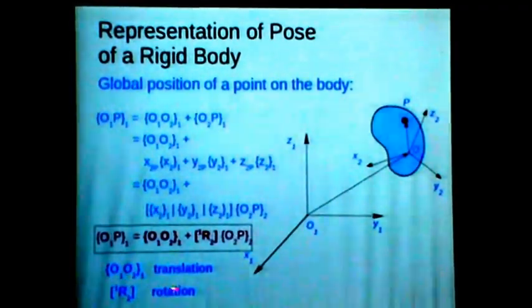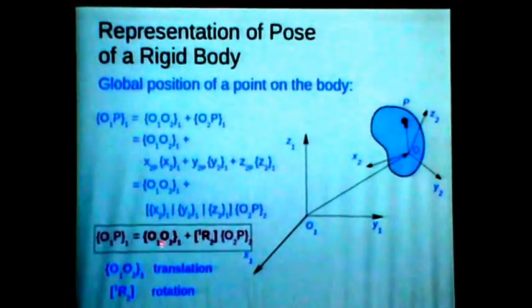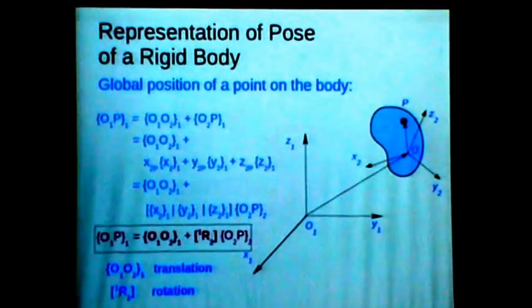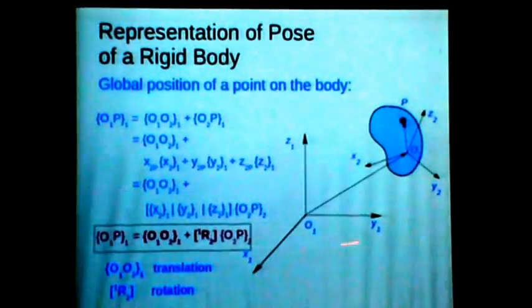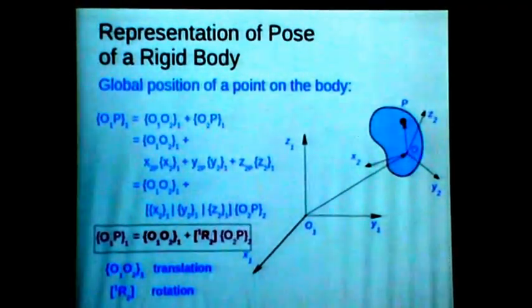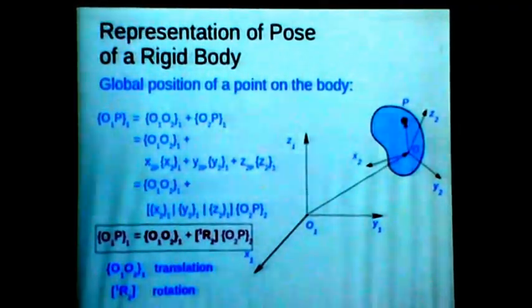So O1, O2 represents translations of the body, and if we fix this and change this, because this cannot be arbitrarily changed, it has to be changed with some conditions, whereas this can be arbitrarily changed because the three components of that vector are independent of each other, whereas the 9 components of this are not independent of each other.